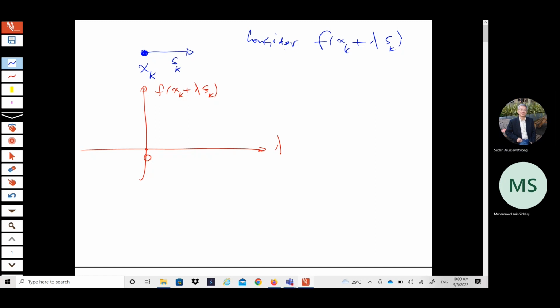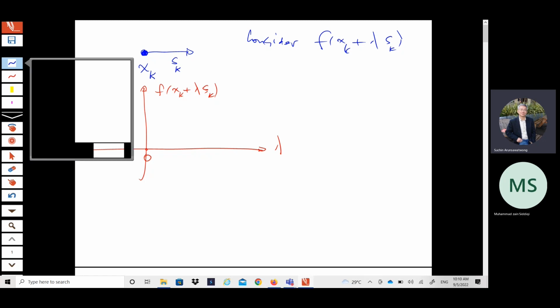In general, we don't know that in advance if we don't have any information about the vector sk. Now, when the search vector sk has the descent property, let's look at what happens.